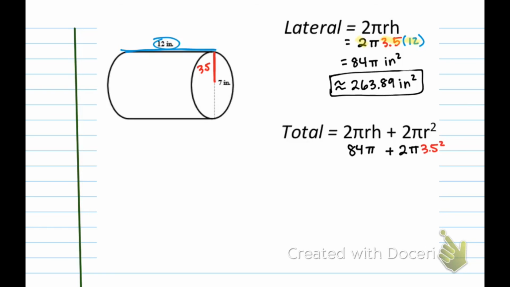Okay, so in the calculator, I'm going to do 3.5 squared times 2, which should give me 24.5 pi. Let's add 84 and 24.5. We get 108.5 pi. And if we want an approximate too, we can put 108.5 times pi in the calculator, and we get 340.86 inches squared.